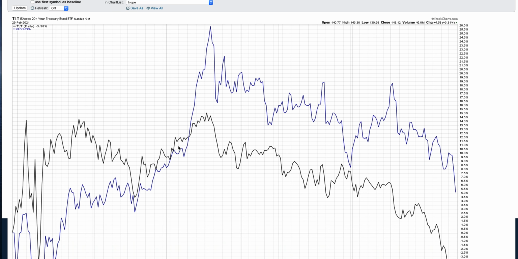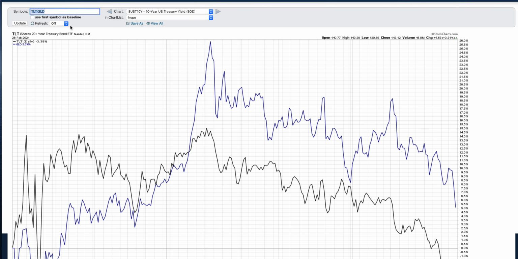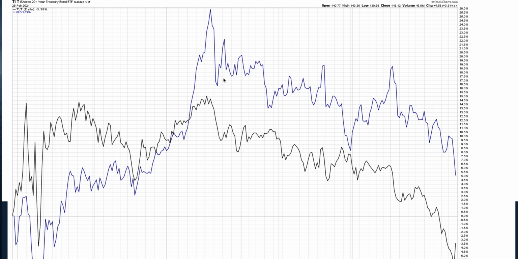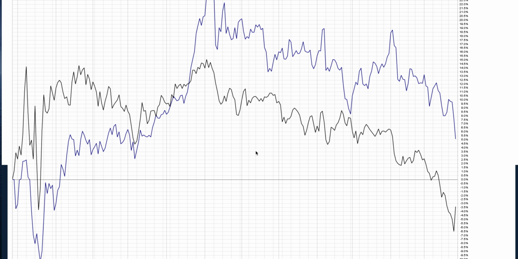Let's look at the relationship between TLT and GLD, the gold ETF. It's extremely obvious that they positively correlate together. So what happened to TLT? Breakdown mode. Gold, now it's in breakdown mode. I had this presentation before, and I was almost sure, though no one knows the future, that if history repeats itself, gold would break down.